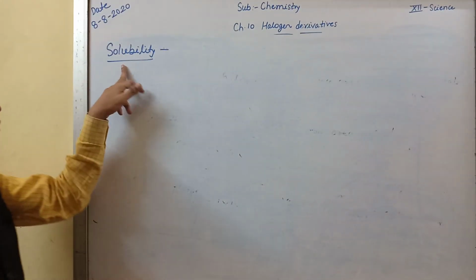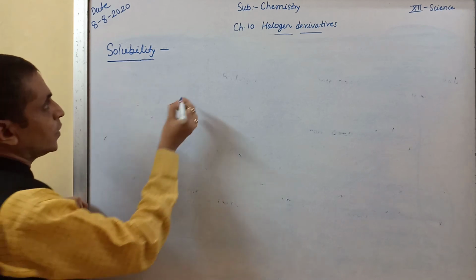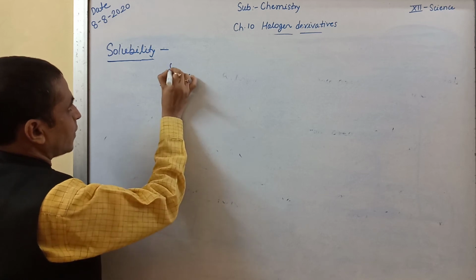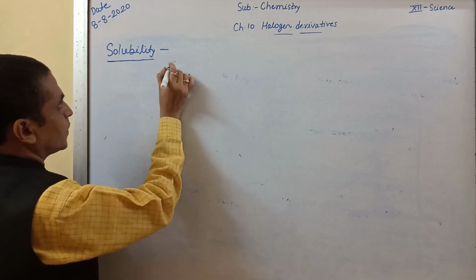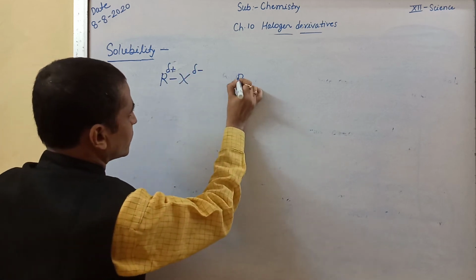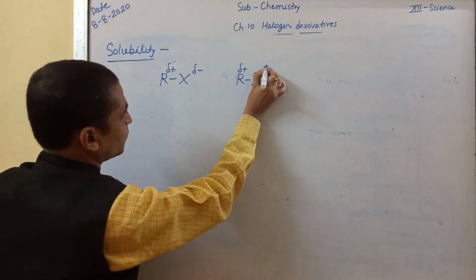Now come to the next property of halogen derivatives, that is solubility. So you know that in an alkyl halide, it is R partial positive, X partial negative. There is one more alkyl halide, partial positive, partial negative.